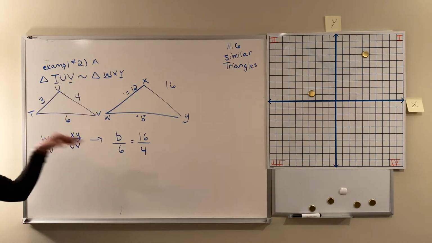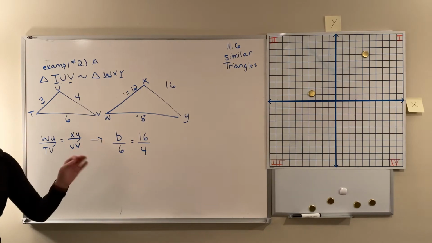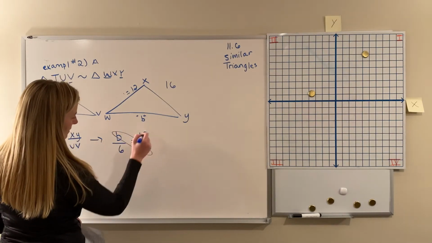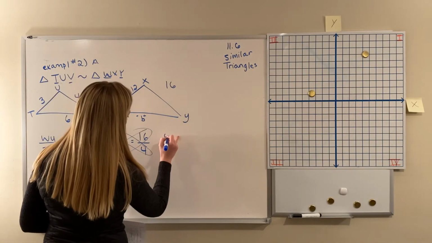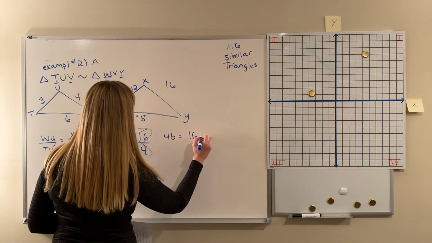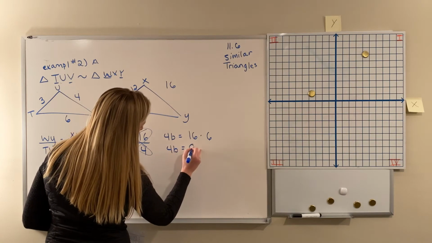The reason we have these two fractions that equal each other is we're assuming they're a proportion. Proportions mean they all reduce to the same thing. So what value do we have to plug in for B that when it reduces down to the smallest of 16 over 4? Use your cross products. 4B is equal to 16 times 6. 4B is equal to 96.